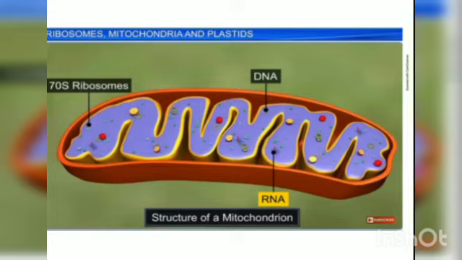Since it contains its own DNA, it can produce its own protein, so it is called the semi-autonomous organelle of the cell. Except that, it also produces ATP at its site of ATP synthesis, and here it contains the enzyme ATP synthetase. Okay, fine.